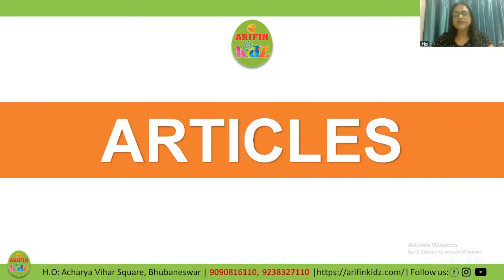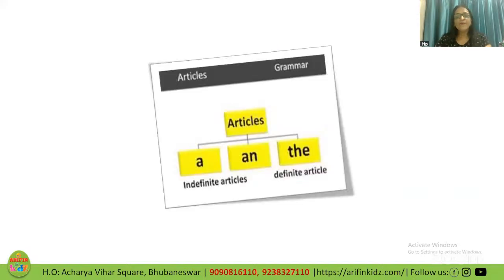So let us discuss thoroughly about articles, that is a, an, the, and the types of articles, like definite and indefinite, and how to use a, an, and the properly so that you will not make any mistake while doing article exercises. Okay. So you see, as I told you, the three little words a, an, and the are the articles in English grammar.